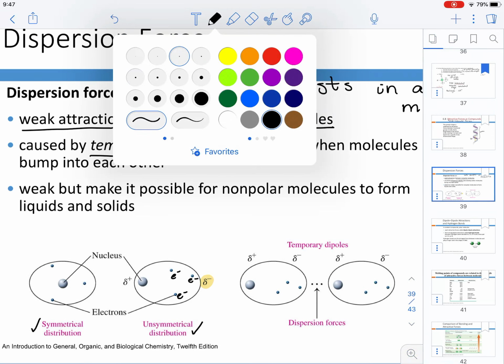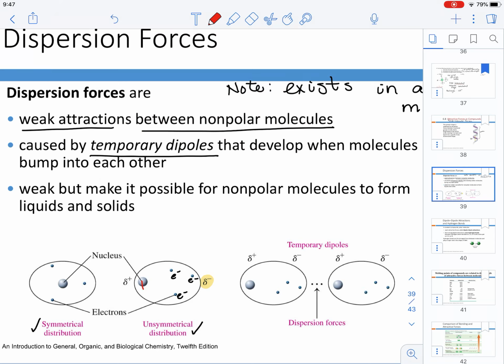Since the electrons are in one corner, that corner is going to become partially negative, because inside the nucleus of atoms we have protons that are positively charged. We have neutrons, but remember that they don't have a charge. So mainly because of the protons, we're going to have a delta positive charge. Once this temporary dipole has occurred, as illustrated in the second image, we have two temporary dipoles.